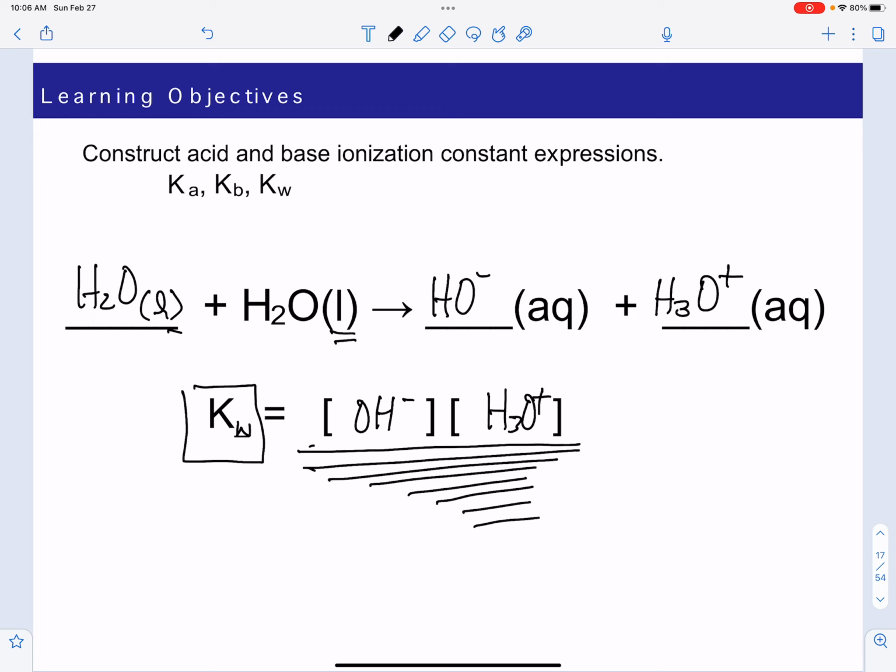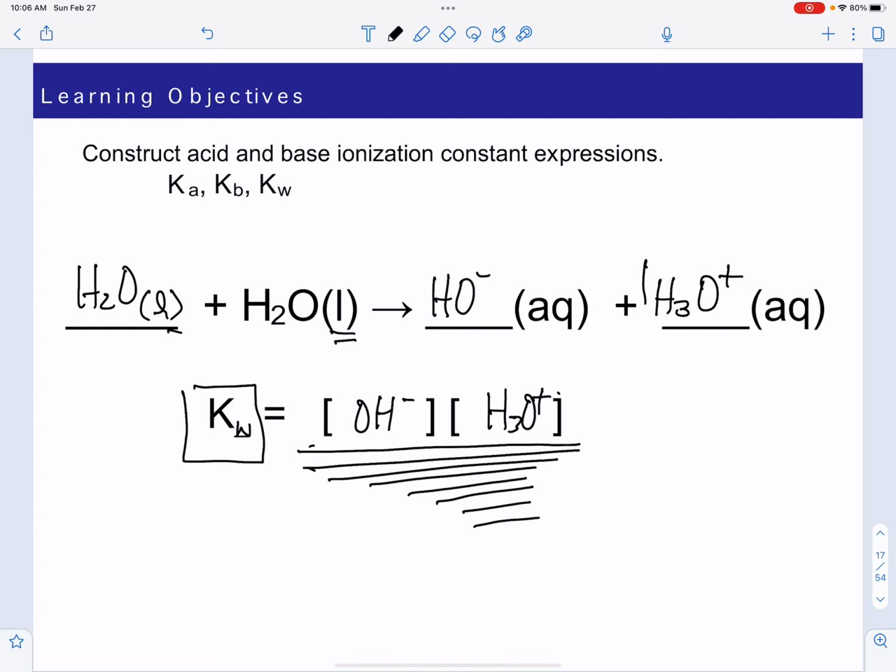What did we learn in chapter 16? Any equilibrium constant indicates the tendency toward the products or the reactants, and the reaction that equilibrium constant came from is an equilibrium system. So anything you do to that equilibrium, Le Chatelier's will come into play.